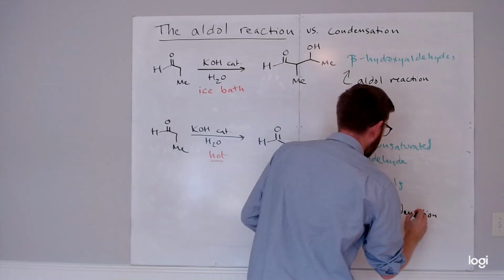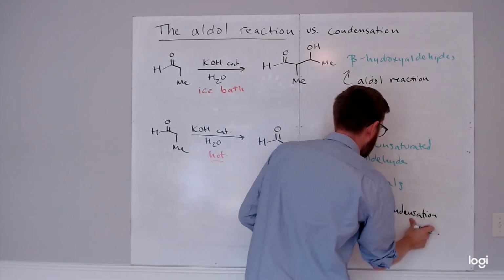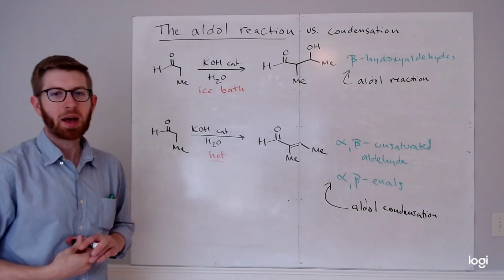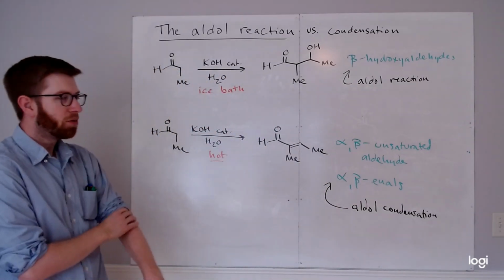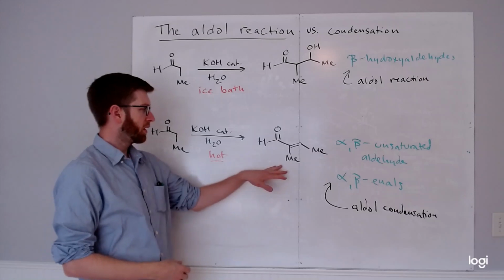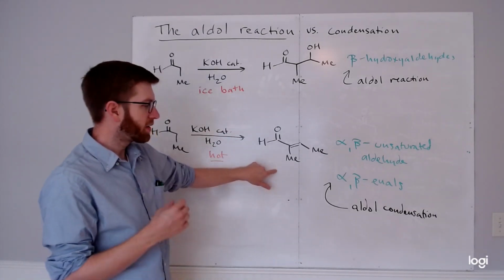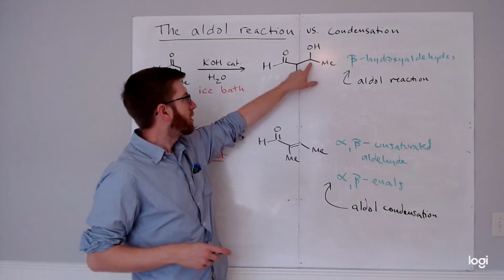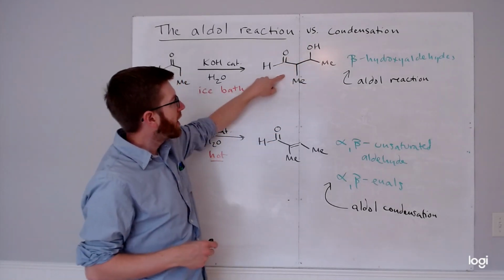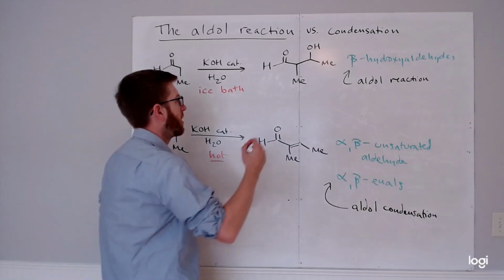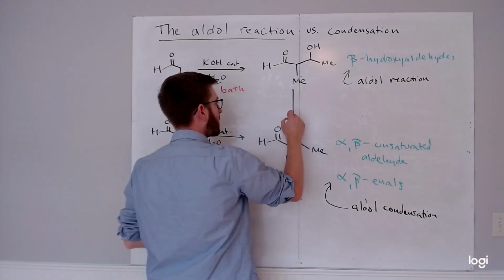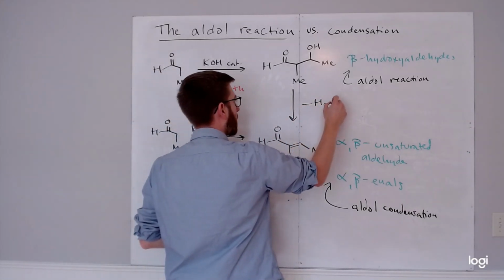So the reason we use this term condensation is because we know quite a bit about what's happening here. What I'm not showing you, but you could probably figure out if you've been looking at the structure pretty carefully, is that I've lost an OH group and a hydrogen from the alpha position. So I'm going from here to here by losing water.